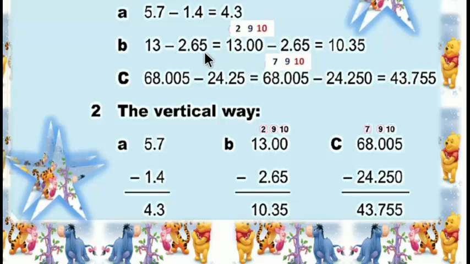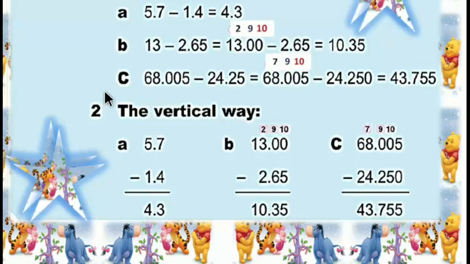We need to put zeros to balance two decimal numbers, like this. 13.20 minus 2.65. Please put each digit in its own place. The answer is 10.35. Okay.